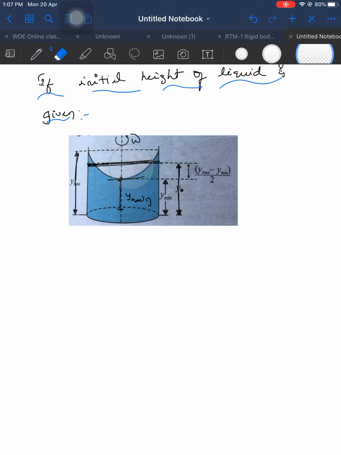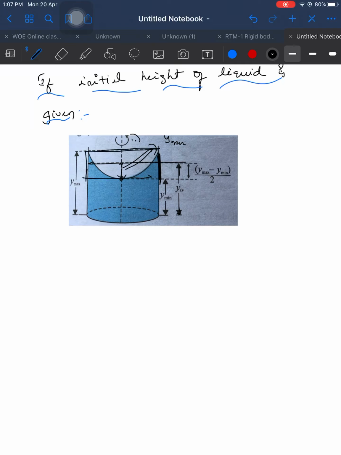The intermediate height, if you see this height in terms of y max and y minimum, is the average of these two. What is the average of these two? Y max minus y minimum by 2.